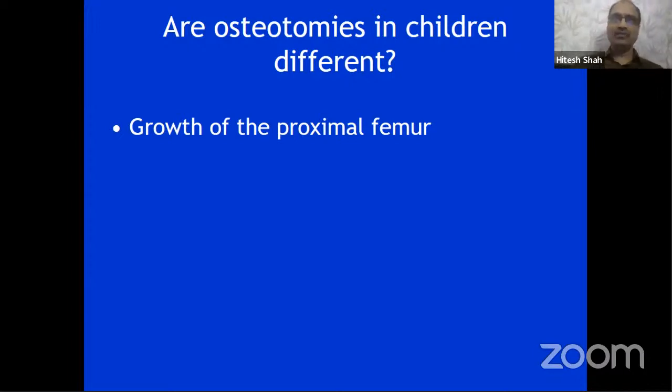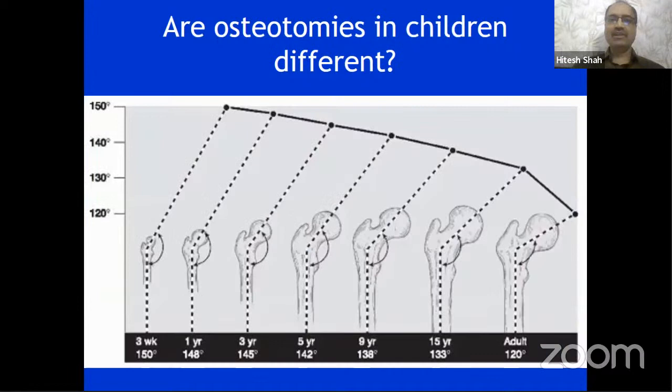There is always the fourth dimension, and we must understand that when the orthopedic resident or the consultant knows the 3 dimensions, they must be aware of the 4th dimension that is very unique for kids. That is the growth of the proximal femur and the growth of the acetabulum. Both are different in a child and in an adult. How is it different?